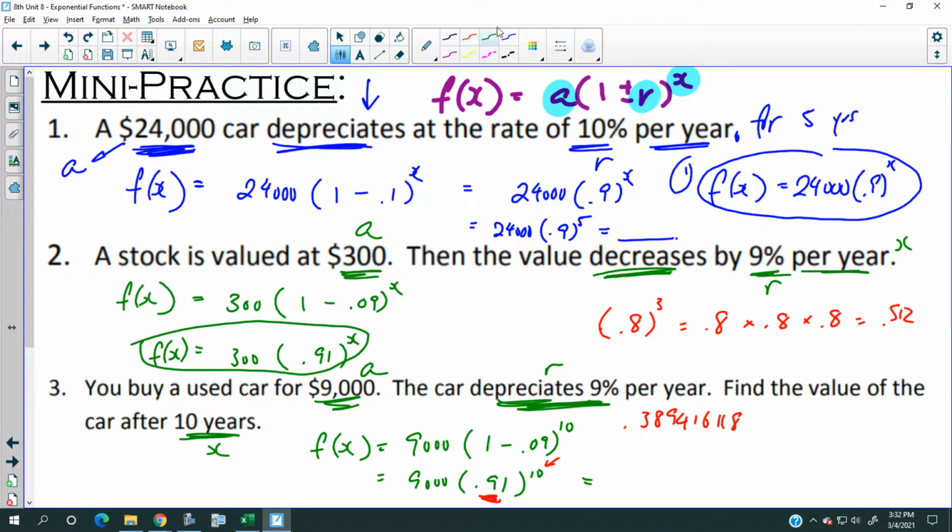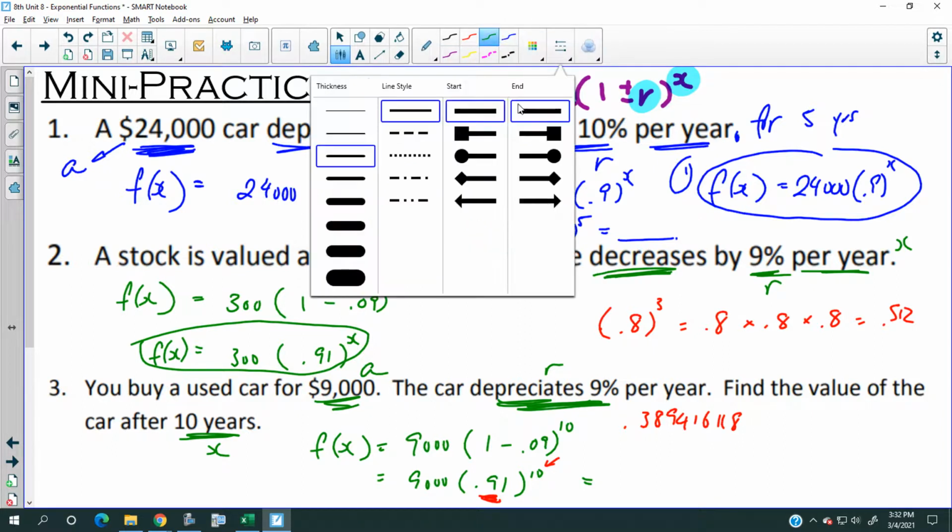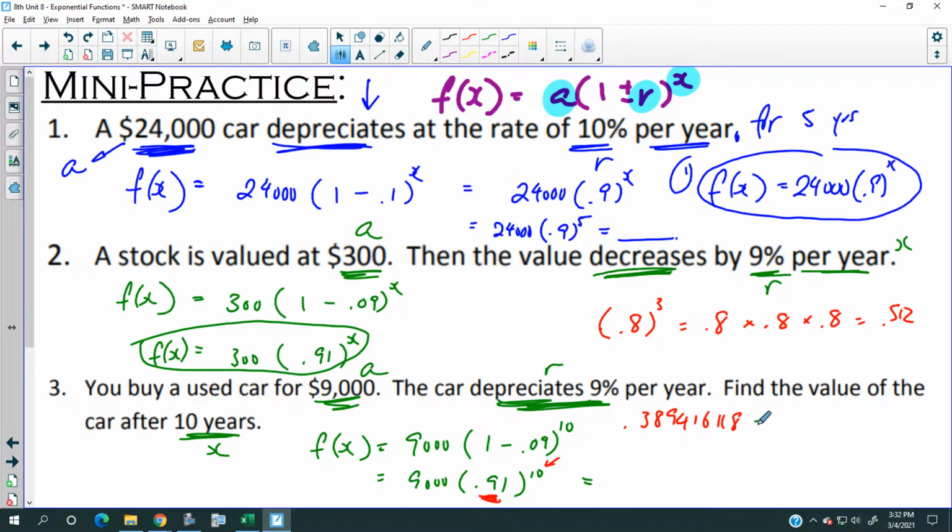What I'm trying to say is this: if you see a number like this, don't start rounding yet. Don't arbitrarily round this and then multiply by the 9,000 afterwards. Take this number and multiply by the 9,000, because it's going to be more accurate when you leave the rounding till the end.